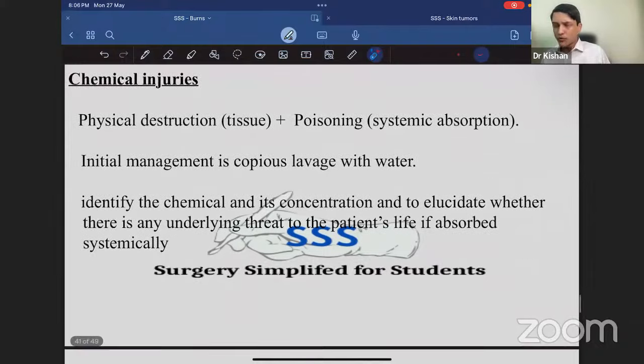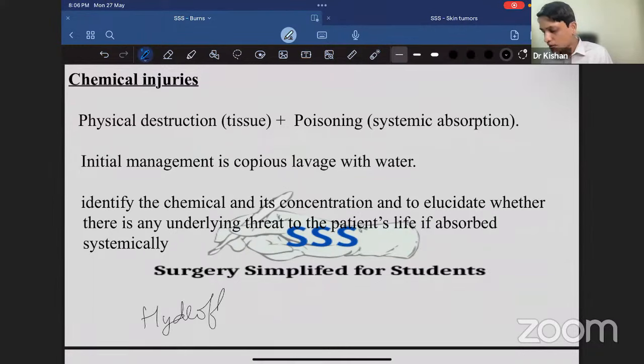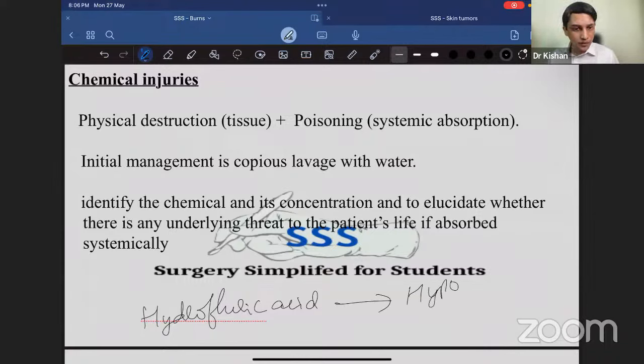One example, the most common chemical injury in industrial areas, is hydrofluoric acid. It's a very mild acid. The problem is that wherever it spills, it resorbs the bone and causes hypocalcemia, which is again life-threatening and not good for the heart. Toxemia is possible in acid injuries, I'm telling you.